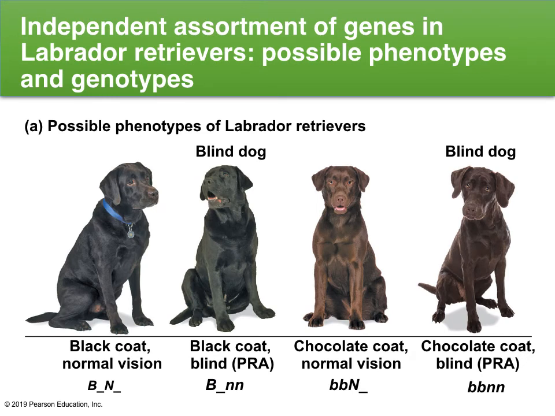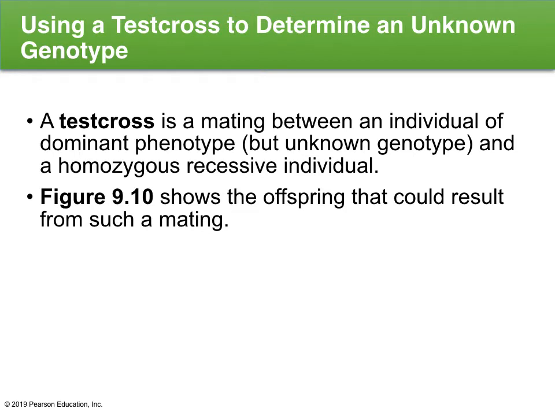If it's carrying both recessives, it's 2 copies of the recessive for each of those characters. So you know exactly what this guy has, so you can use crossing this with these others to sort out what the second allele is. We call this a test cross. It's a mating between an individual with dominant phenotype but unknown genotype and a homozygous recessive individual, because you know exactly what alleles that guy is going to produce.